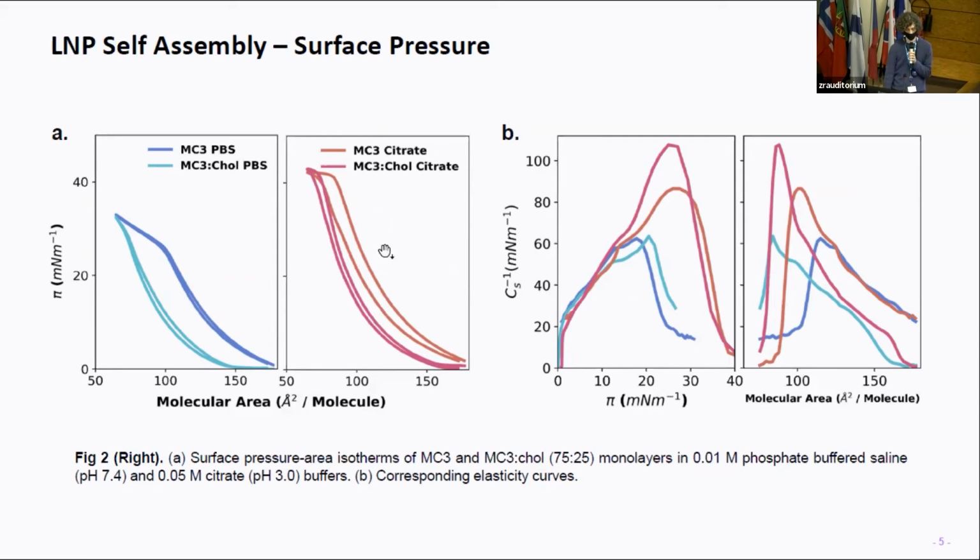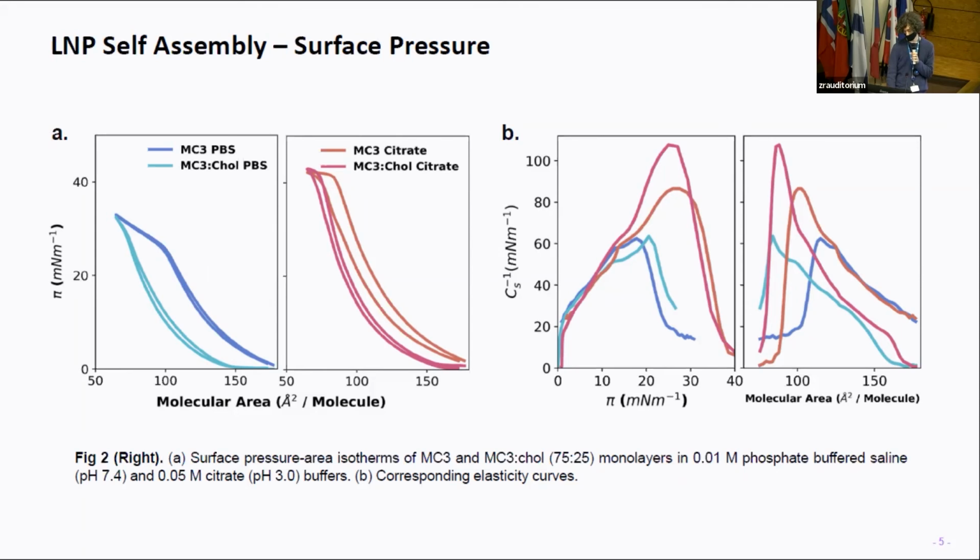And this has a much, much stronger interaction than it does at physiological pH, pH 7.4, on the left in blue. And this is significant because when you prepare these lipid nanoparticles, you do it at low pH. And then eventually you dialyze them against PBS buffer so that they're safe to enter the body.